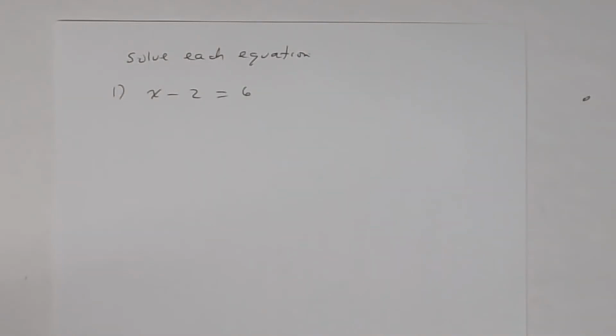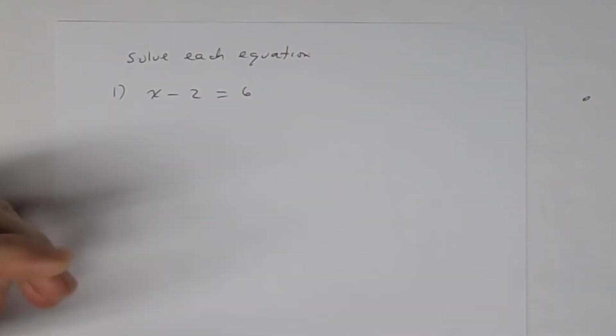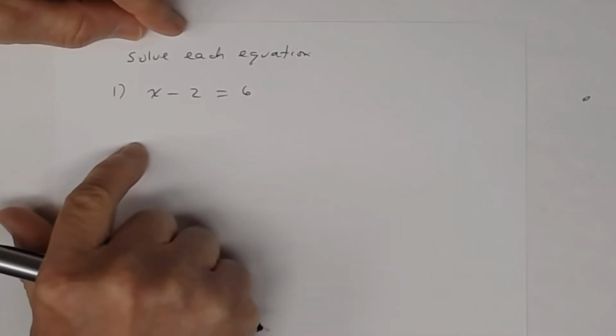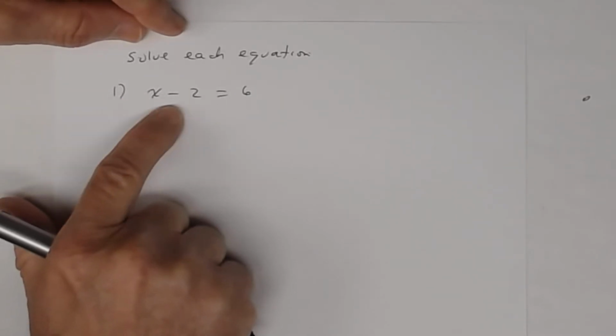Now here's how you're going to deal with this. You're trying to solve this equation and you need to show some work. I know that you can easily determine what the solution is because in your mind you're saying, well, what number minus 2 is 6? That solution is 8, right? Because 8 minus 2 is 6.